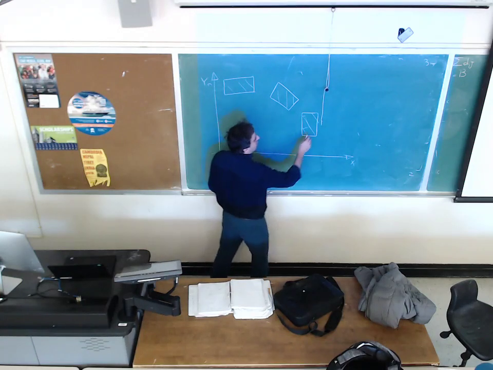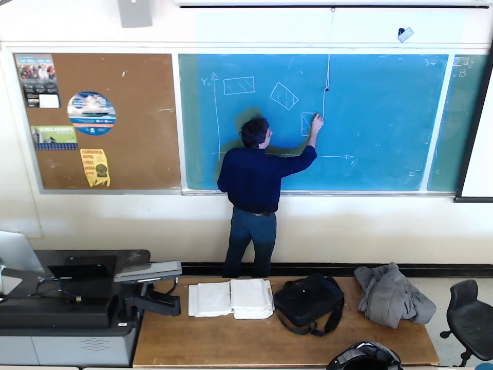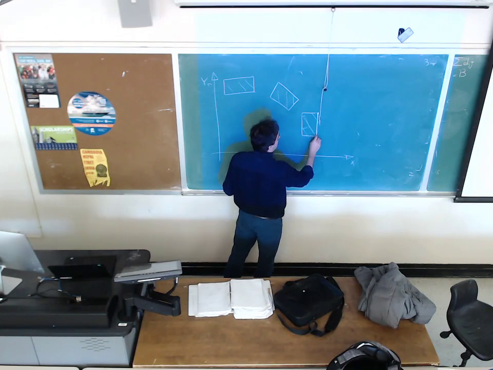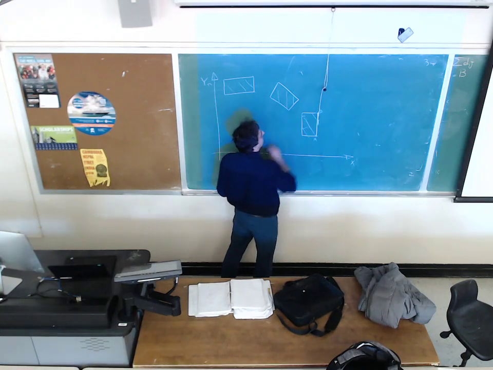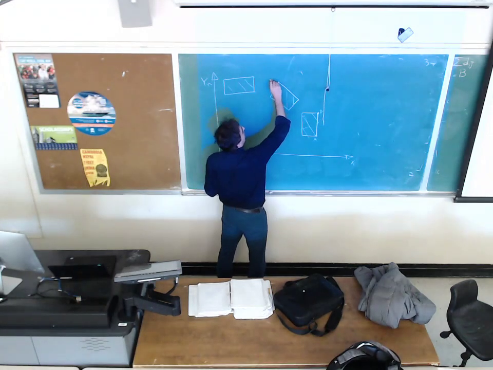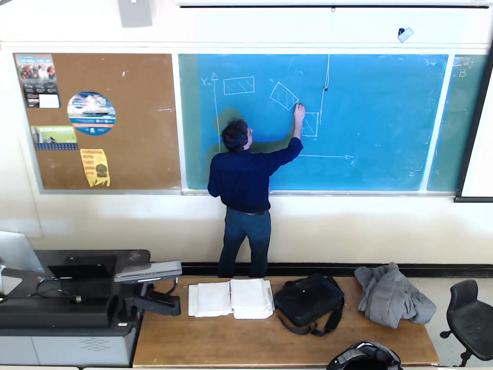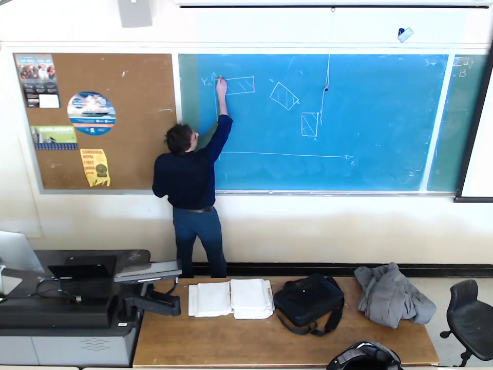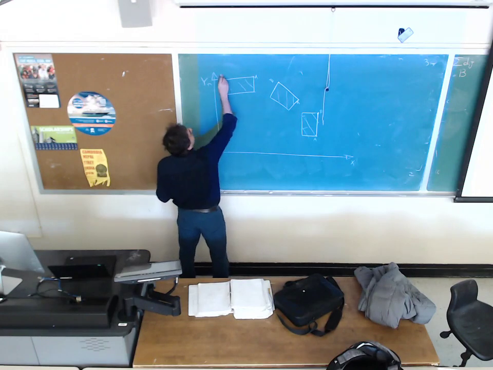So if I look at, for example, this line AB, and track this line here, and track it at this third precision point.